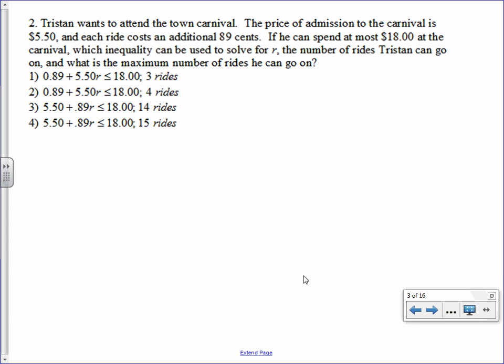2. Tristan wants to attend the town carnival. Fantastic. Nothing mathematical so far. I'm going to take it one sentence at a time. The price of admission to the carnival is $5.50, and each ride costs an additional 89 cents. When I see each ride, I know this is going to be a per x plus the one-time fee.